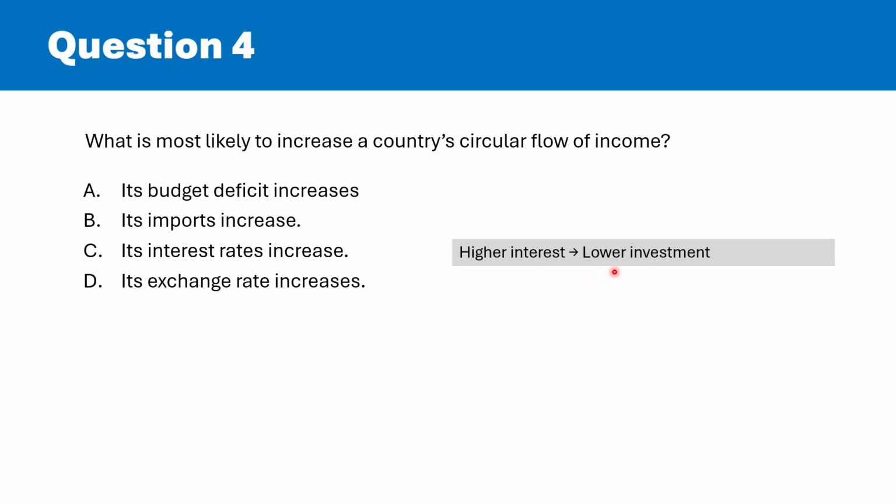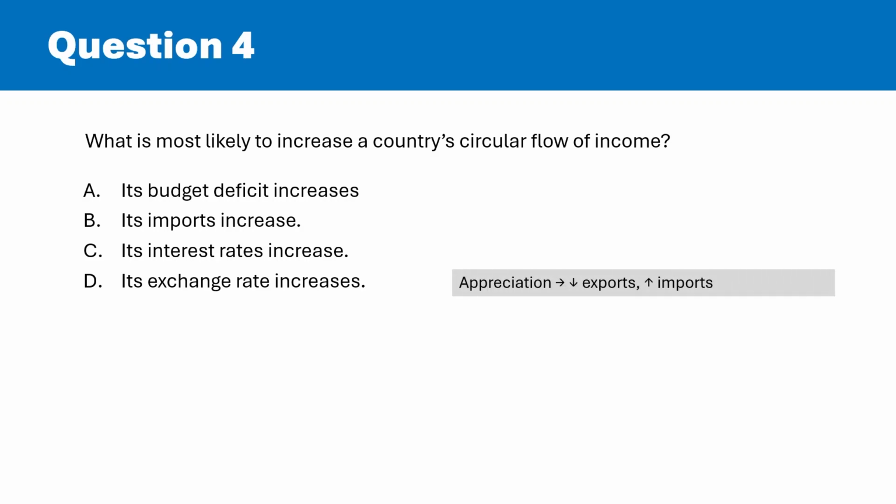When investment falls, injections fall. So this option is also not correct. If we check option D, which is exchange rate increases, now currency appreciation makes exports fall and imports rise. So both will then reduce the circular flow. So this option is also not correct.